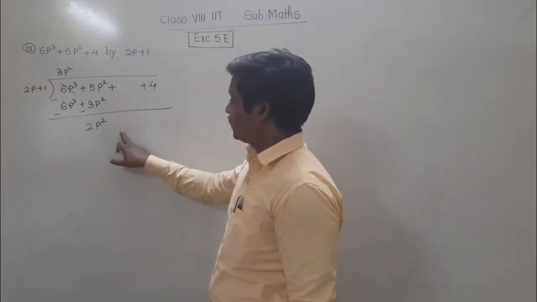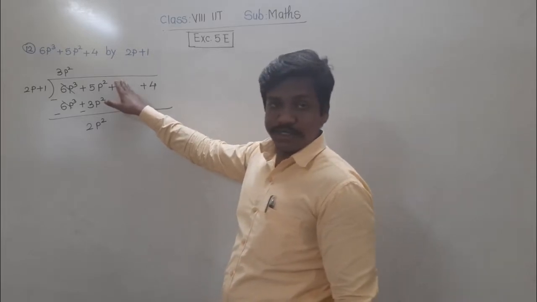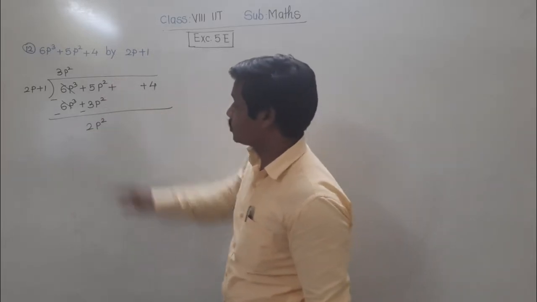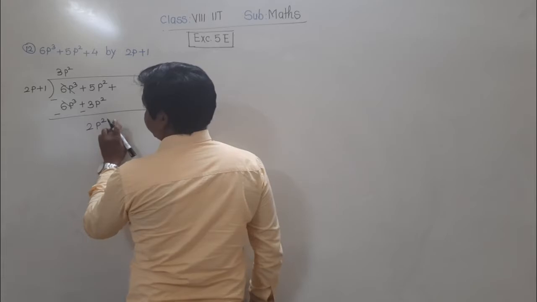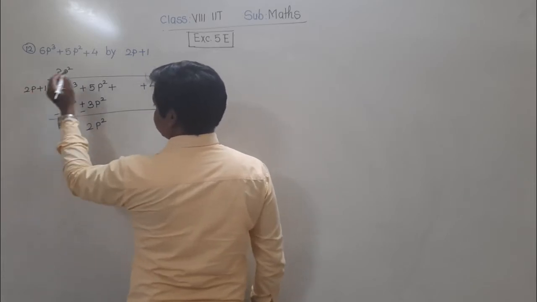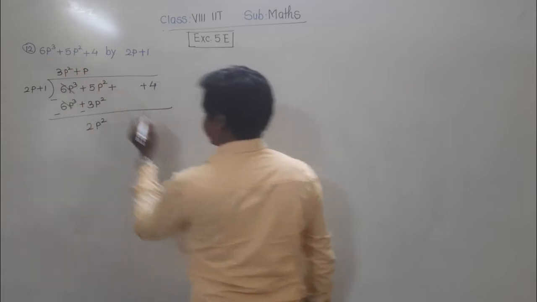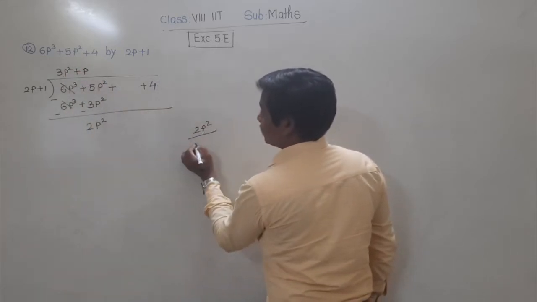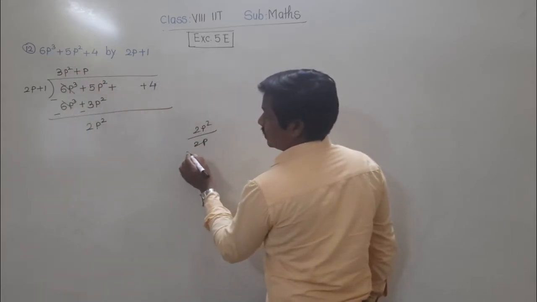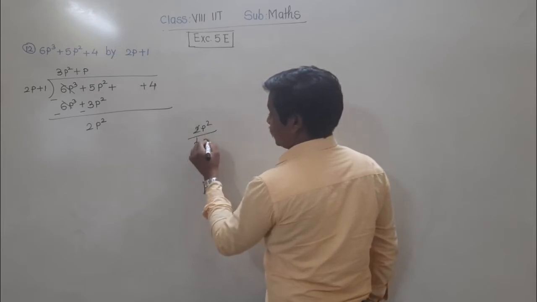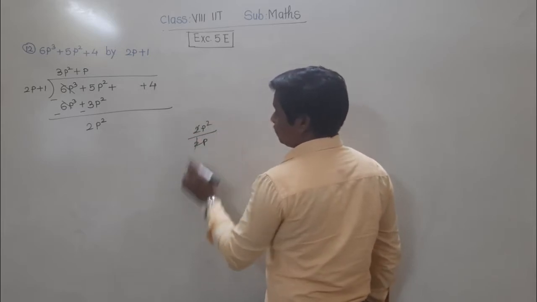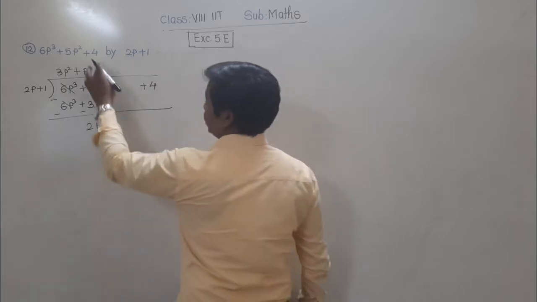This term will come now, but here no other term is there, that's why we directly divide 2p square. So 2p square divided by 2p, what remains? 2 cancels, p square minus p raised to 1, so p remains.